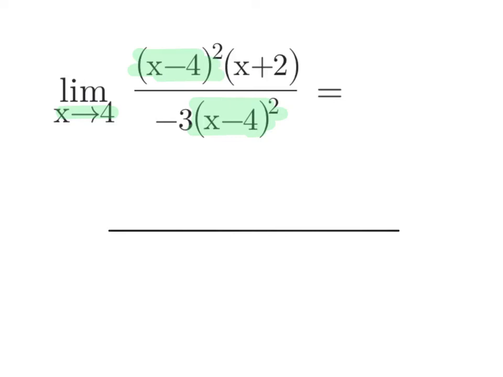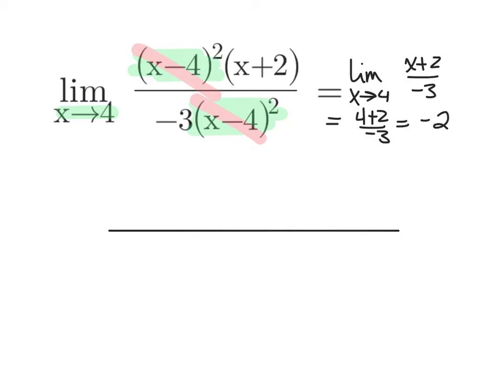And in actuality, algebraically, both of those factors are going to cancel, which means that this limit is the same value as the limit as x approaches 4 of (x plus 2) over negative 3. And since 4 is not a part of either of those factors, we could just substitute: 4 plus 2 over negative 3. 6 over negative 3 is negative 2.